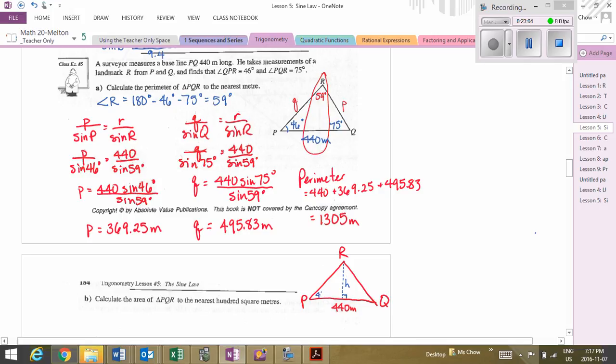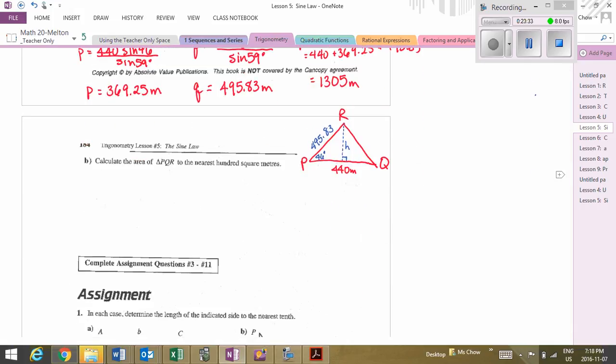But what we do know is that this angle is 46 degrees, and let's go with one of the found values. So we have 46 degrees and we have length Q, which is 495.83.